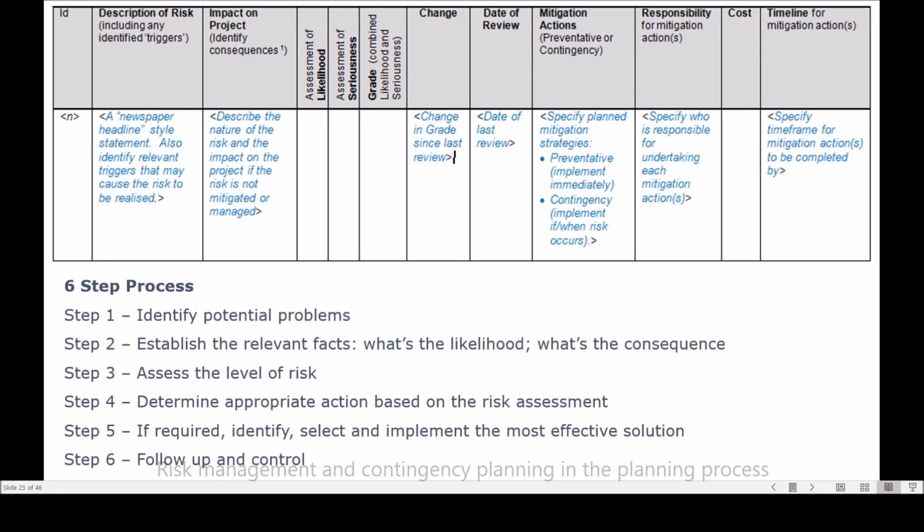But then we would put under mitigation actions what we're now proposing to do or what we're going to do to deal with that risk or treat that risk. And then who's responsible for that? We would identify any costs and set a timeline. And they're the steps that we would take to ensure that we have captured all the risks, assess those risks, and put in treatments to deal with those risks.